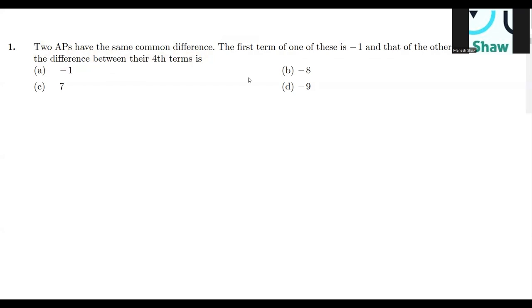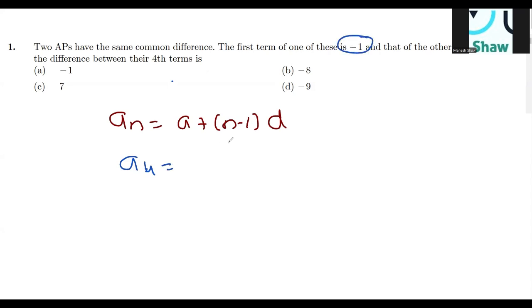So the formula which we are going to apply is for the nth term. We have a_n is equal to a plus (n minus 1)d. Let's calculate the fourth term of the first AP, right? So for the fourth term, n is replaced by 4. A is minus 1, so this is minus 1 plus (n minus 1)d.